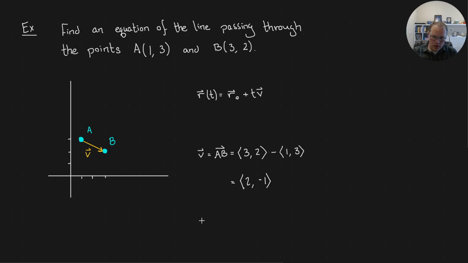And so the equation of our line, put it all together. I need a point on the line. Again, I could use either one of these. Doesn't matter. I'll use the first one. I'll use point A. I get (1, 3) plus variable t times my direction vector, which I just calculated as (2, -1).